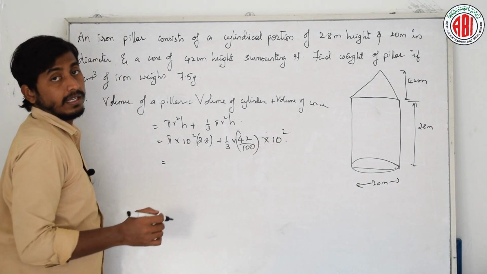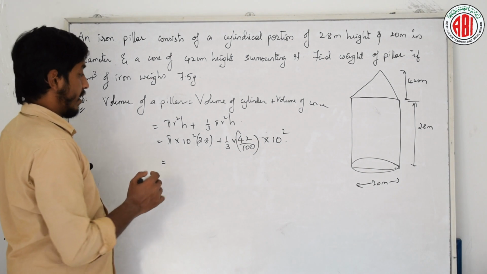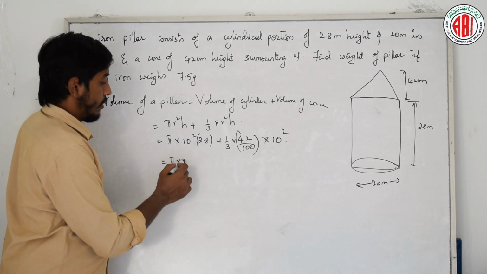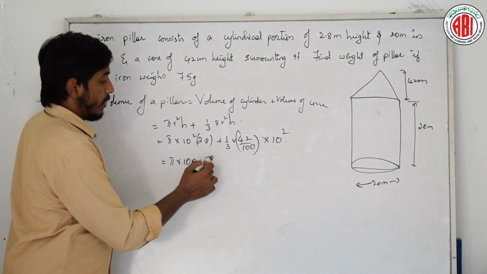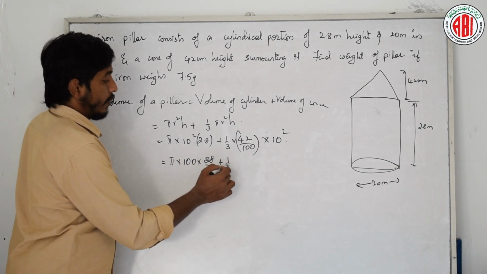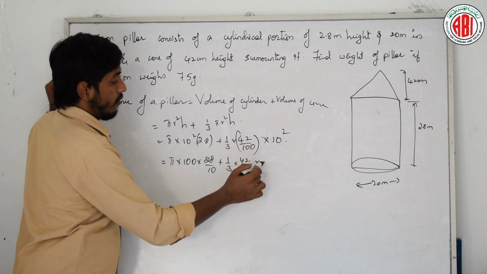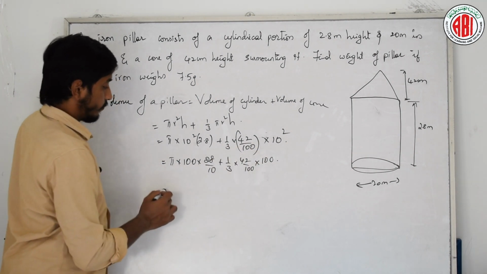Is it fine? Now let us multiply and check: pi into 100 into 28 by 10 plus 1 by 3 into 42 by 100 into 100.